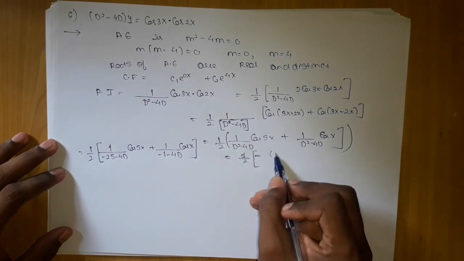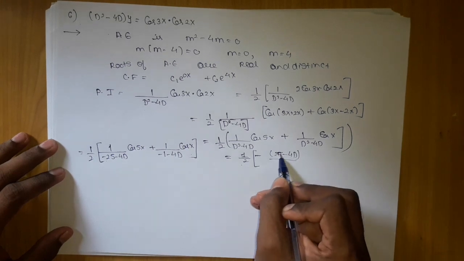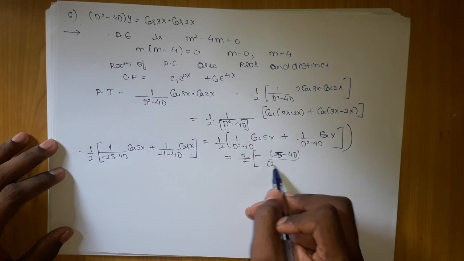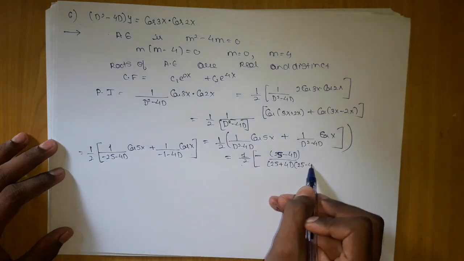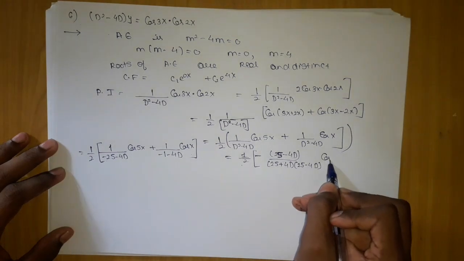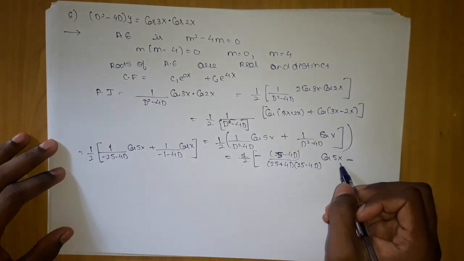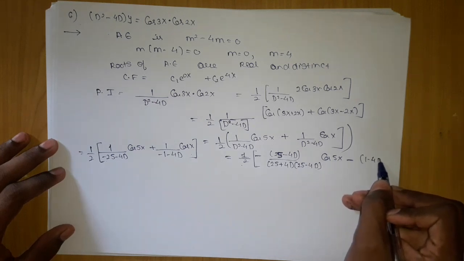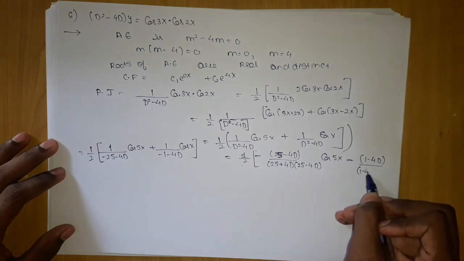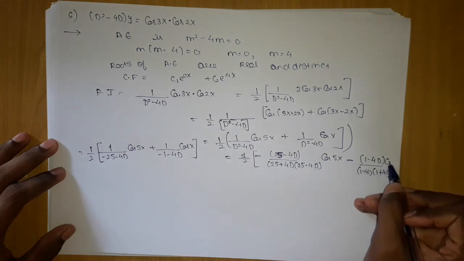So 25 plus 4d into 25 minus 4d for cos 5x, and here we multiply by 1 minus 4d, with 1 minus 4d into 1 plus 4d, minus outside, cos x.